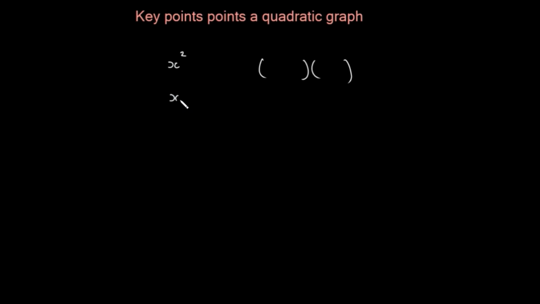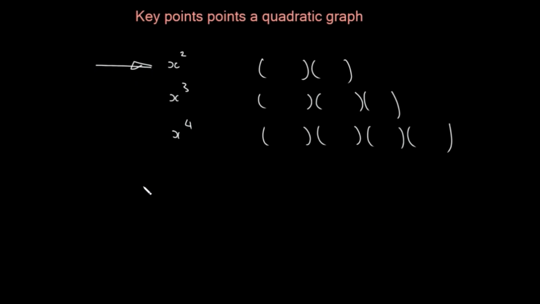If it is cubed, you have 3 brackets, and obviously if it's to the power of 4, you would have 4 brackets. Okay, so this is the one we're going to be looking at here.